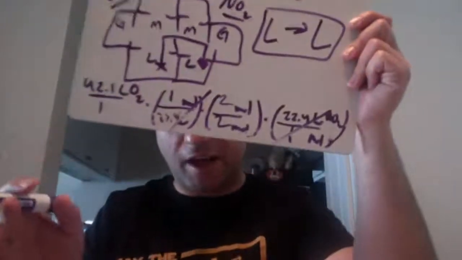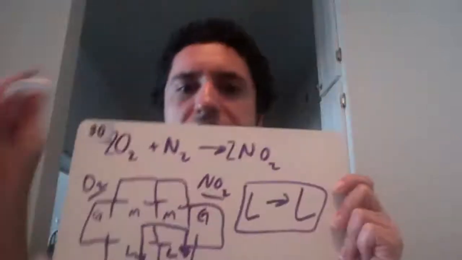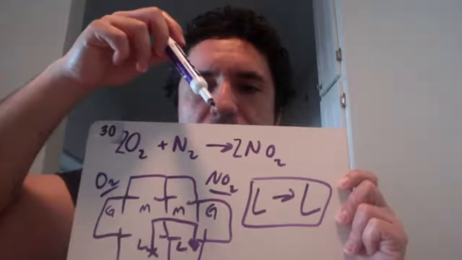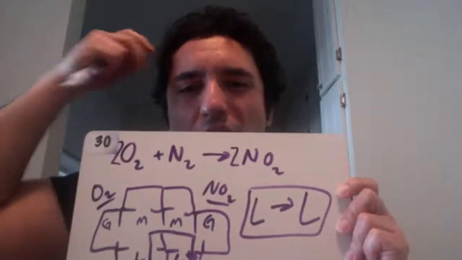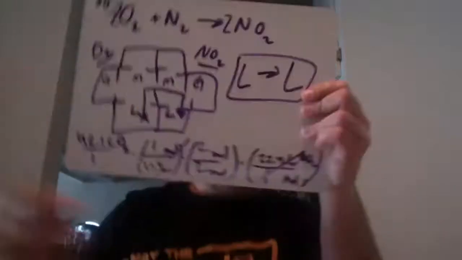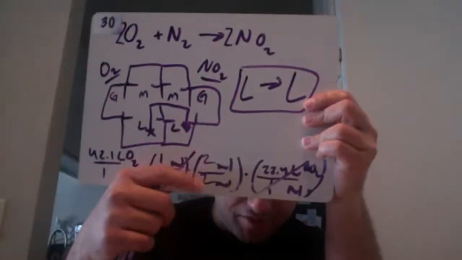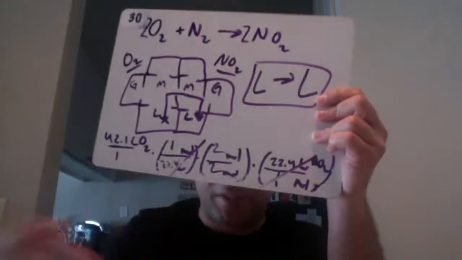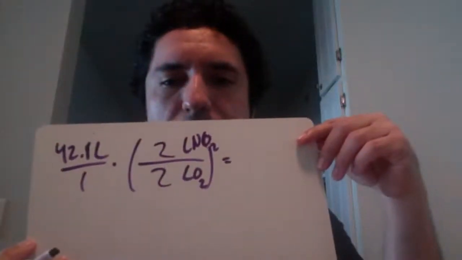Because that's going to happen, you can just use the coefficients from the balanced equation, and instead of calling it a mole ratio, you just call it a volume ratio instead. So in this case, it's the same on the top and bottom. It's 2 over 2. It's not always going to be like that. It just so happens to be like that this time, right? So I'm just going to use that one fraction, just 2 over 2.